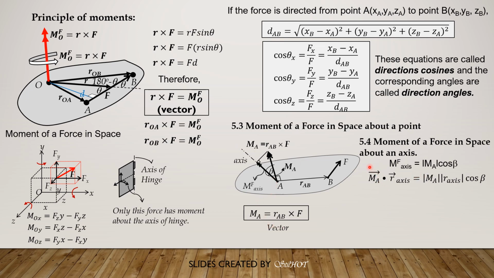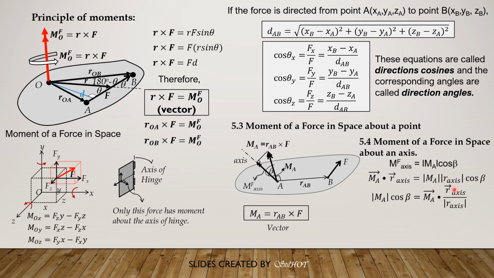Applying the dot product, vector MA dot the axis vector is equal to the magnitude of MA, magnitude of the axis, times cosine of beta. Since MA cosine beta is interpreted as the moment of the force about this inclined axis, it is simply MA dot R axis divided by the magnitude of the position vector for this axis, R axis.